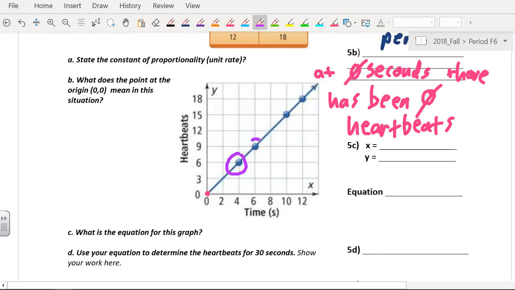We could pick this point, or this point, or this point, or this point. So give me a point where the x and the y equals. Okay, first one is x equals 4, y equals 6. So in order to get y, we would say y equals, and what are we multiplying times x? 1.5.